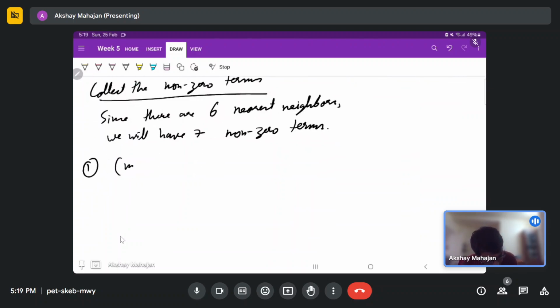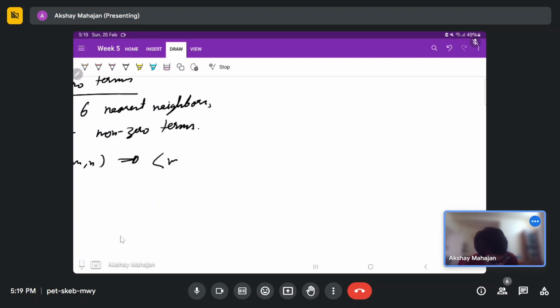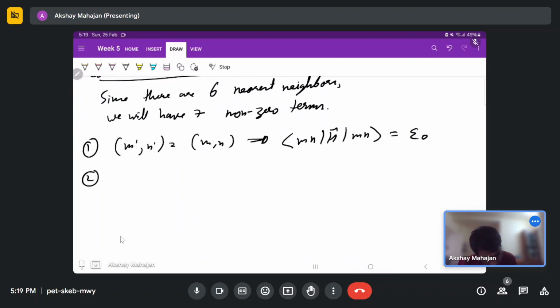So first will be for m prime n prime equals mn. That will be just mn H cap mn, which will be equal to epsilon naught. Second will be m prime n prime equals m plus 1 comma n.